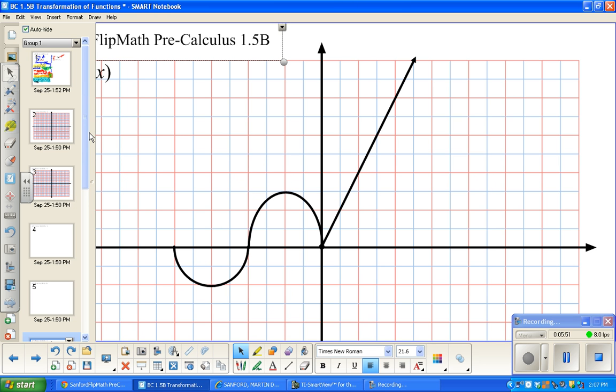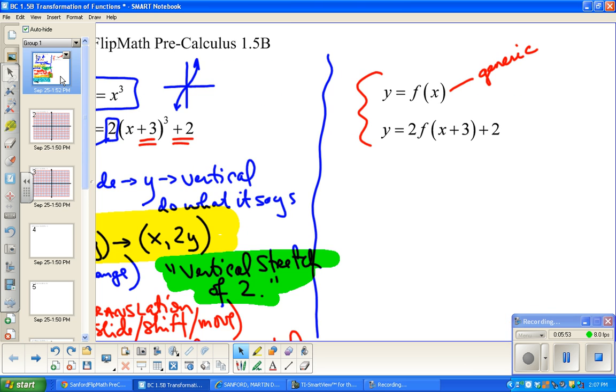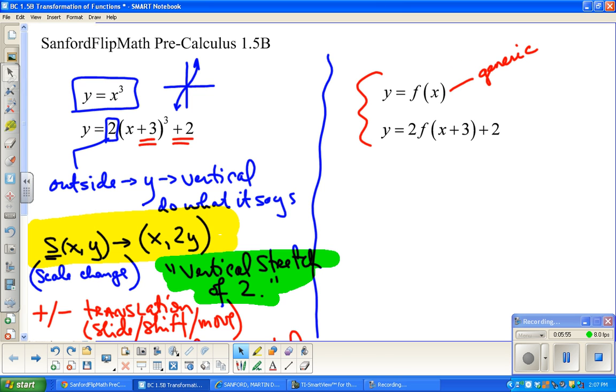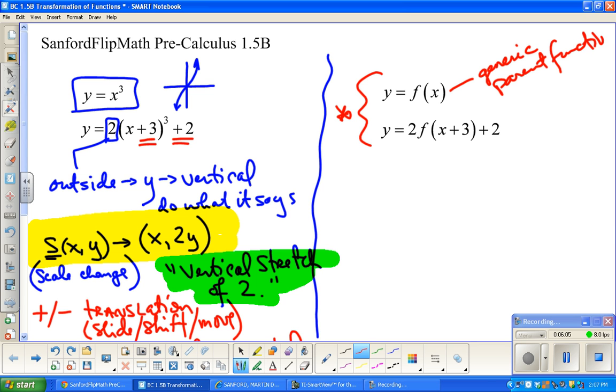So sometimes what you'll see is notation that looks like what we have here. And again, the idea is this is a parent function, and perhaps it's already graphed. Then what I want you to do is create the graph of this based on that parent function.